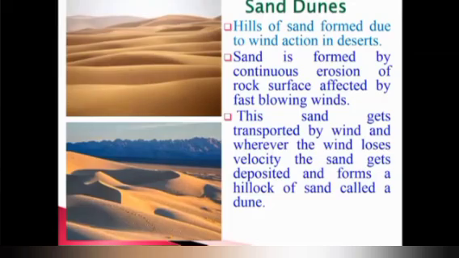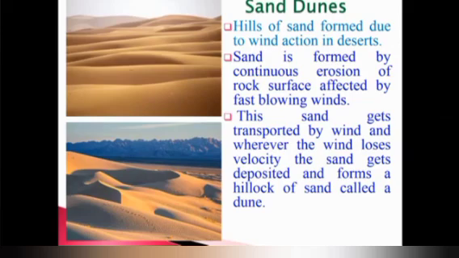Next, we are going to learn about sand dunes. Hills of sand formed due to wind action in deserts are called sand dunes. Students, here we can see the picture of sand dunes. Sand is formed by continuous erosion of rock surface affected by fast blowing winds.